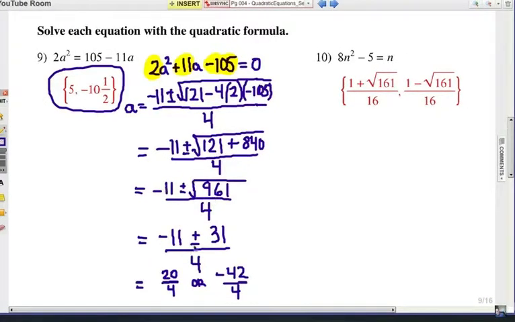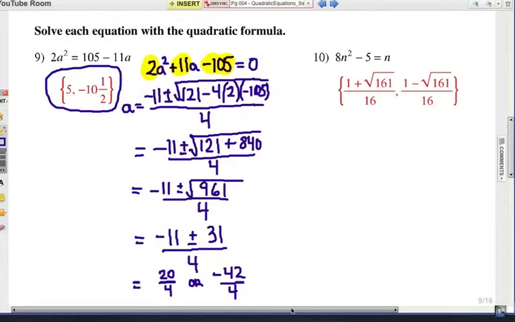It does simplify to radical 961, which is 31 actually, a perfect square number. And so negative 11 minus 31 is negative 42, and negative 11 plus 31 is 20. So we have 20 over 4 or negative 42 over 4, which does give us our final answers there, 5 and negative 10.5. A little bit messy at the end, but that's the answer using the quadratic formula.